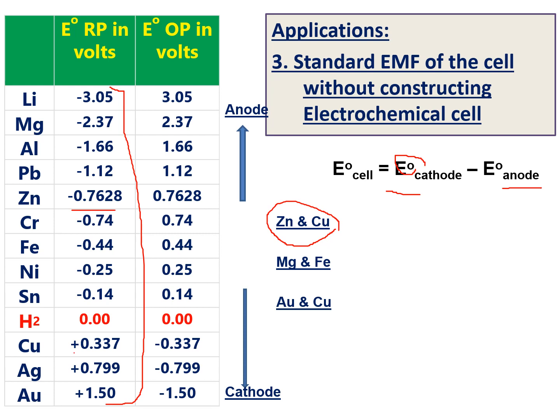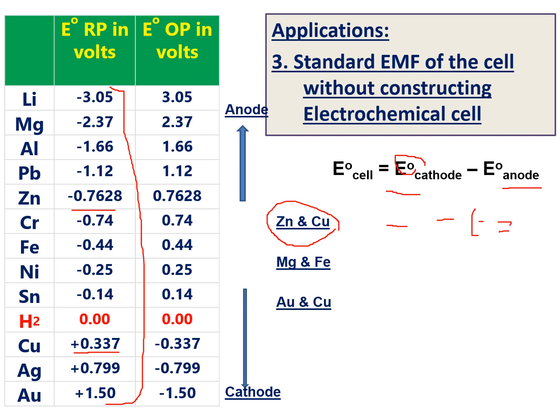Copper reduction potential is 0.337. So which metal acts as the anode and which as the cathode? Copper acts as the cathode, so the cathode reduction potential is 0.337 minus, the anode is zinc, minus of minus 0.7628, then you will get a value.